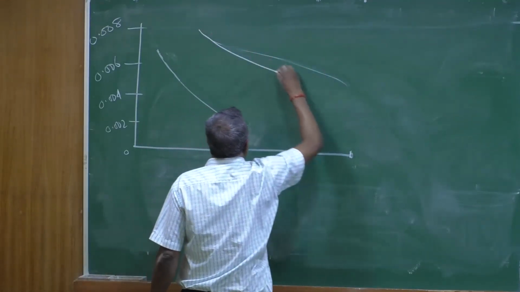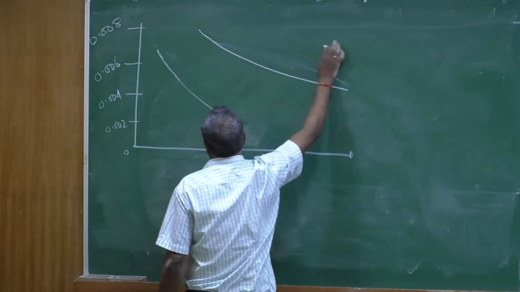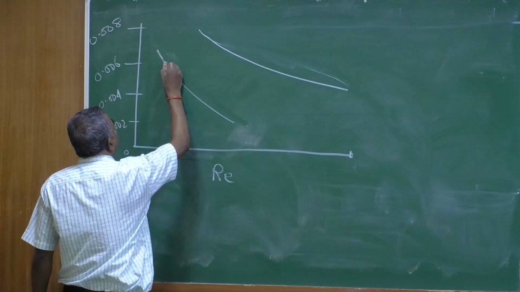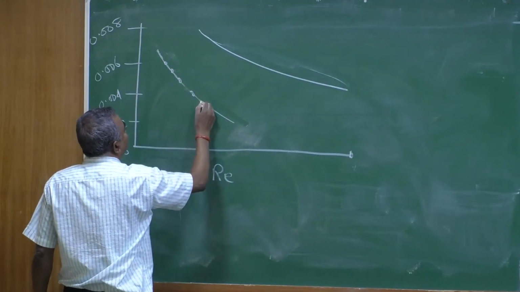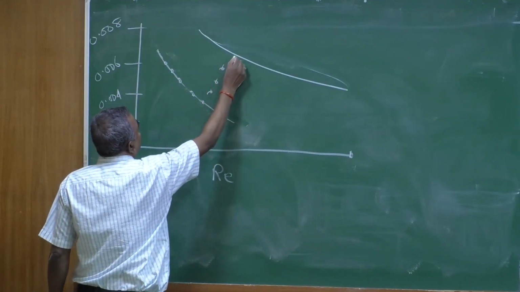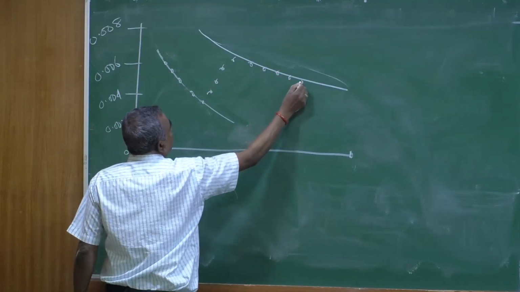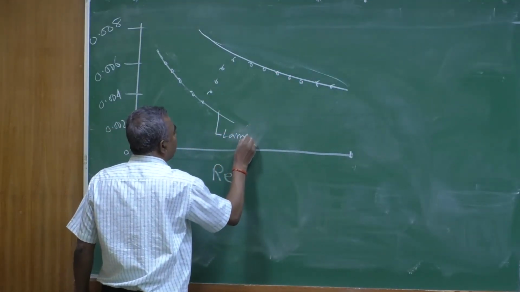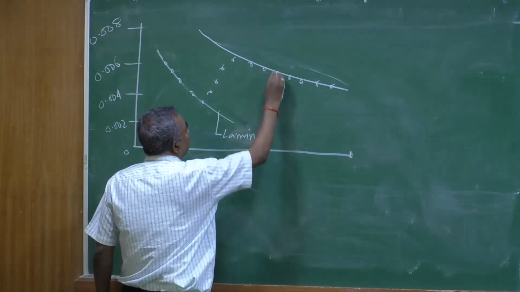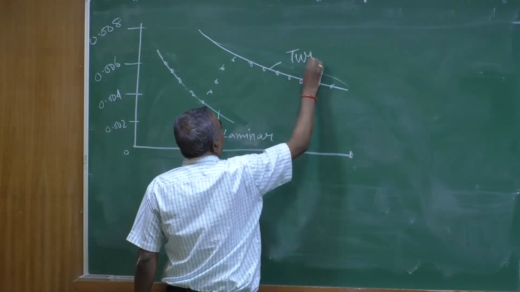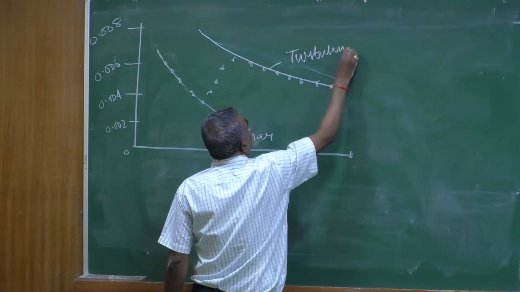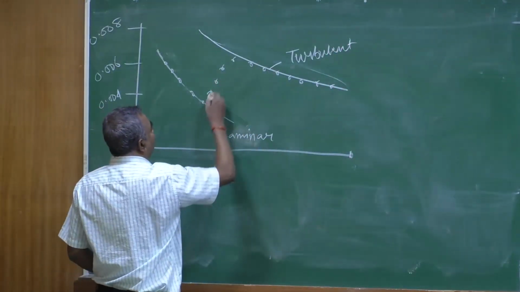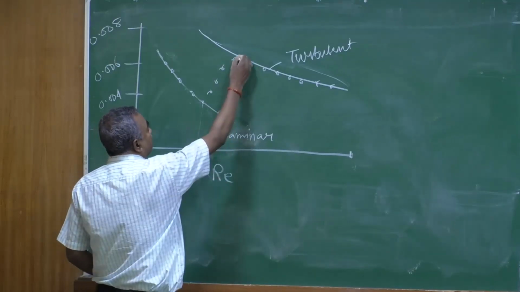If you consider your experimental data, it shows something like this: this is for laminar, this is for turbulent, and experimental data will come like that, and this is basically your transitional regime.